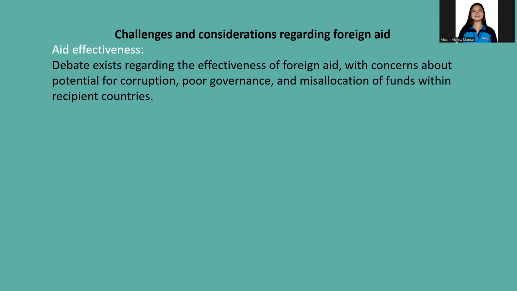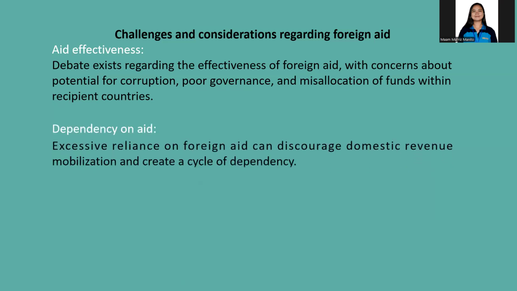Because how would foreign aid be effective if there's a problem with the management? Misallocation of funds, mismanagement, corruption, a power battle where whoever is more powerful will benefit more. So the effectiveness could be questionable.